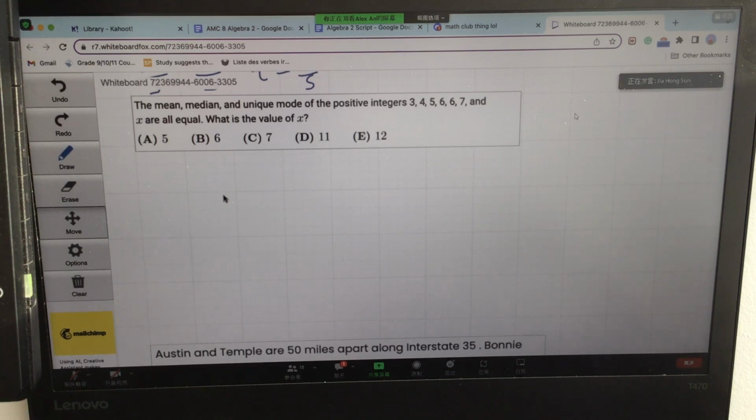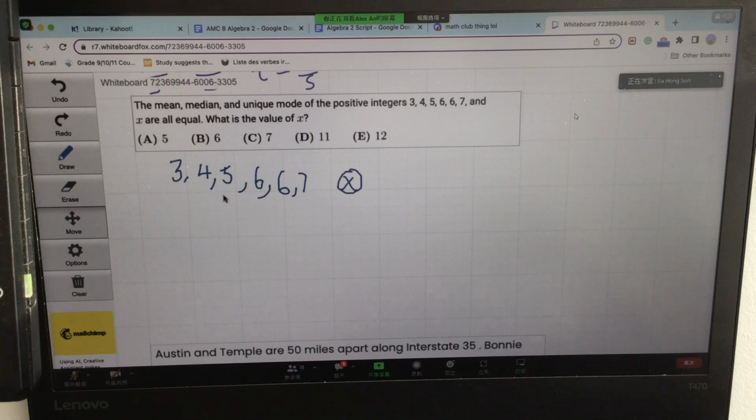Okay, in order to understand this question, we have 3, 4, 5, 6, 6, and 7, and we have an x here. The moment we plug this x into this sequence of numbers, median, mean, and mode all become equal.